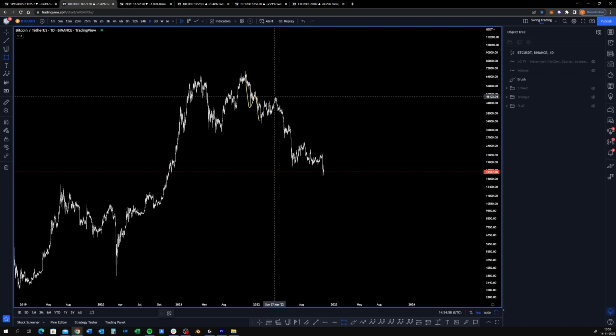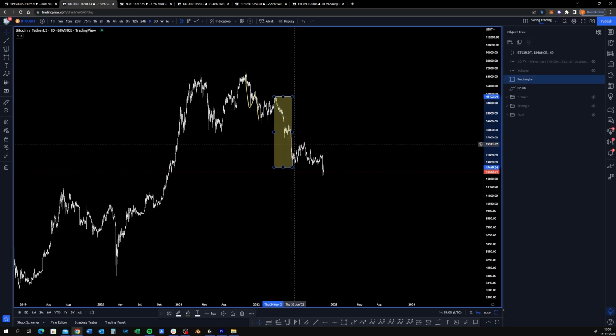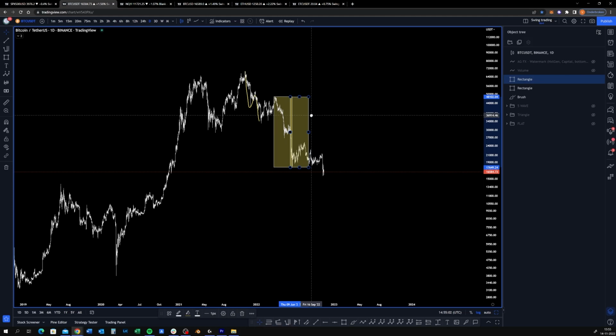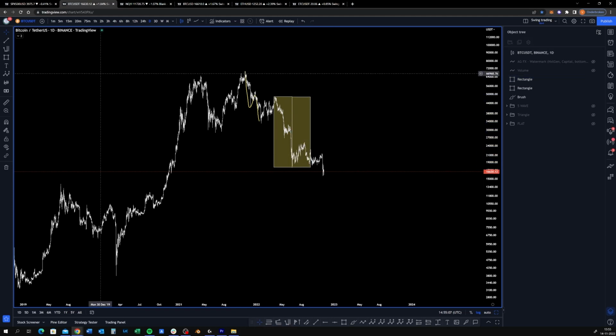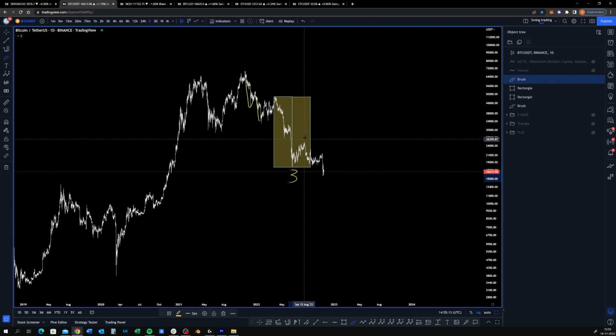Also, if we take wave 3 and copy that to the side, then wave 4 lasts less time than wave 3. So we have 3 here, 4 here.